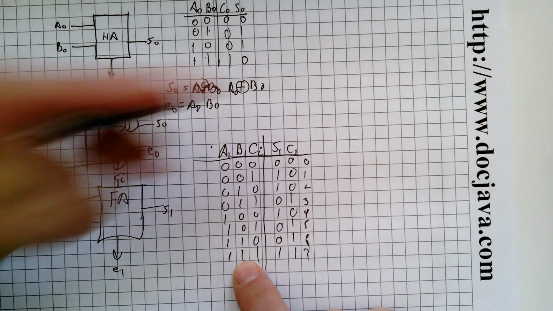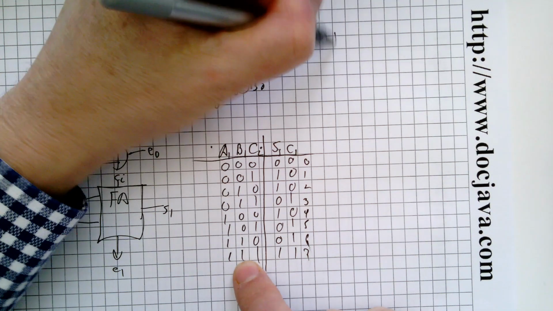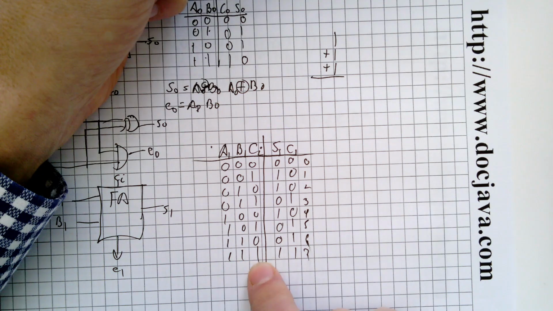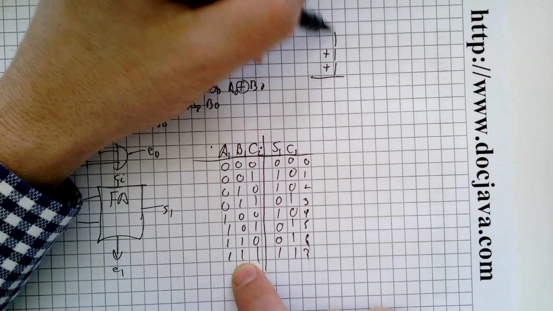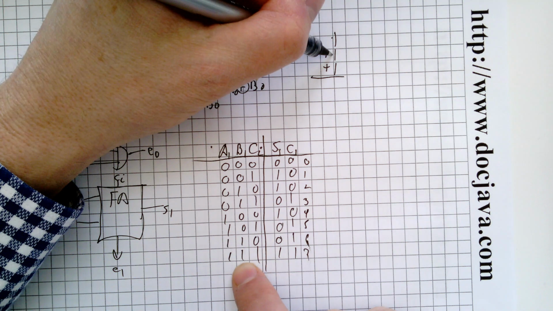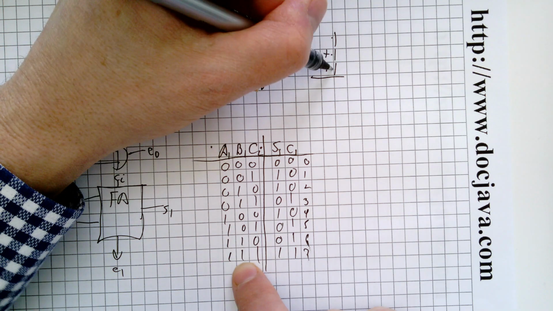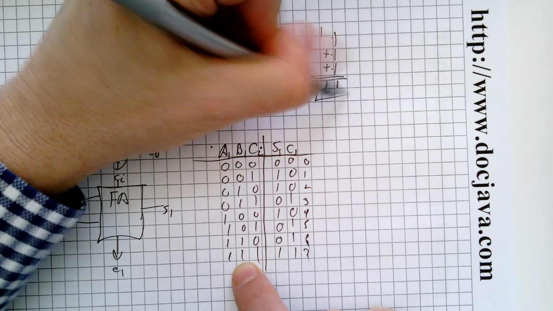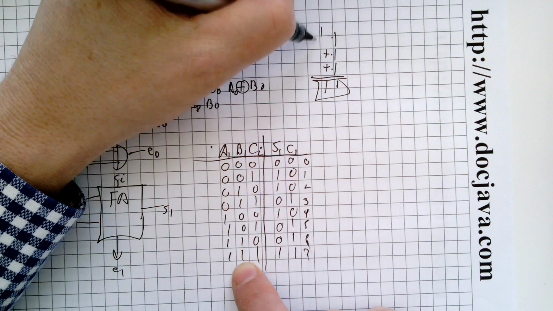Sure. So if I have 1 plus 1 plus 1, where the carry in is 1 and the 2 bits are 1, I have 1 plus 1 is 1, 0, plus 1 is 1, 1. So it's 1, carry 1. So this is the carry in.